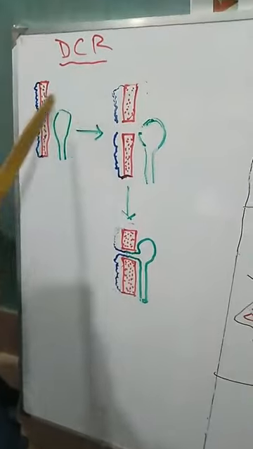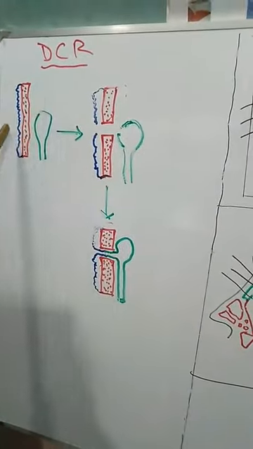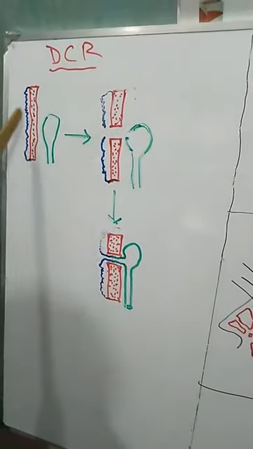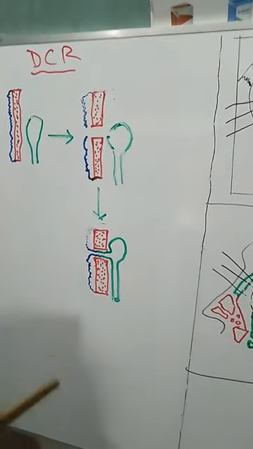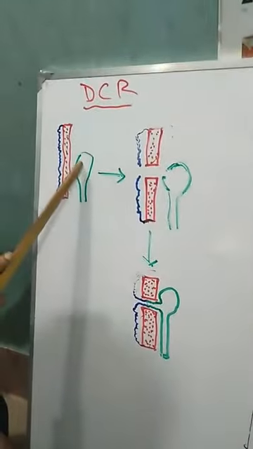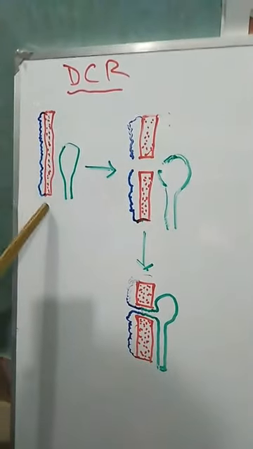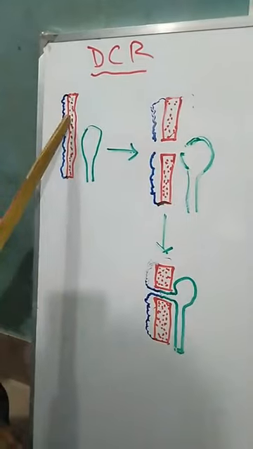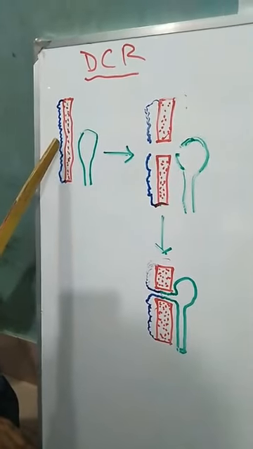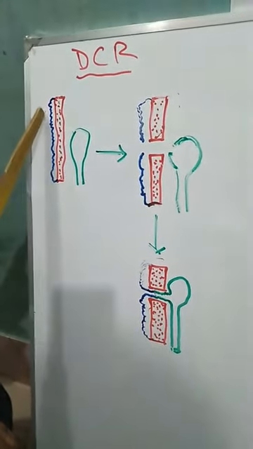This is the simple diagram for DCR surgery. That is the lacrimal sac. That is the bones in the lateral wall of the nose. That is the inner side, the nasal mucosa.